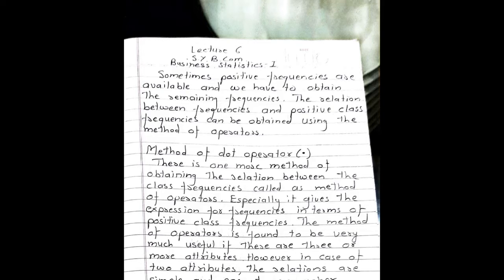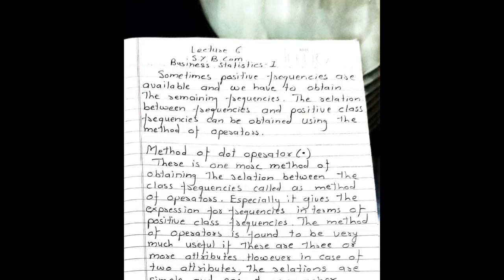Sometimes positive frequencies are available and we have to obtain the remaining frequencies. The relation between frequencies and positive class frequencies can be obtained using the method of operators. So first, the method of dot operator. There is one more method of obtaining the relation between the class frequencies, called the method of operators.